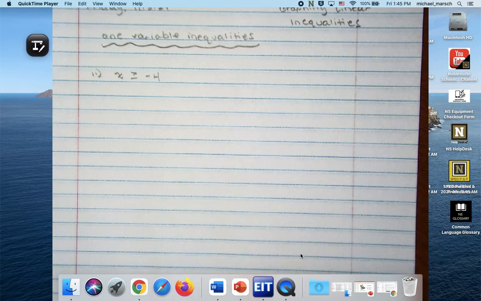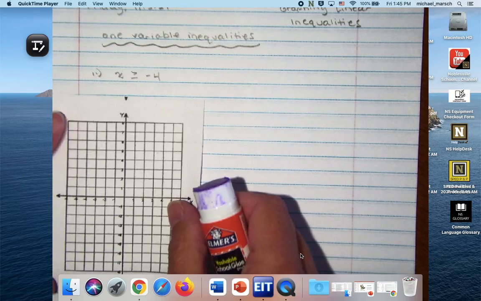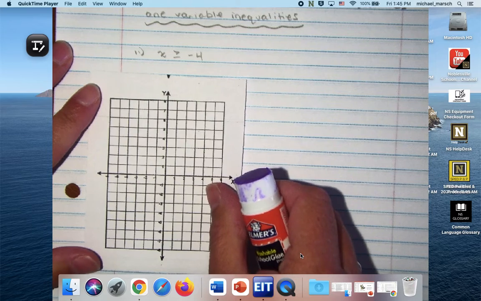So I'm going to take one of my graphs and I'm going to glue it onto my paper.